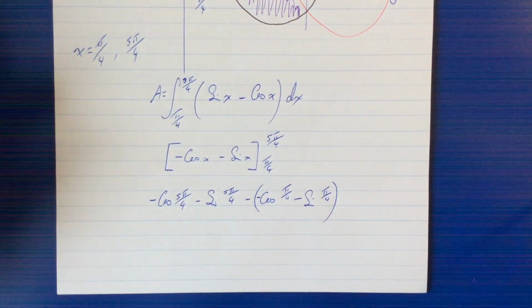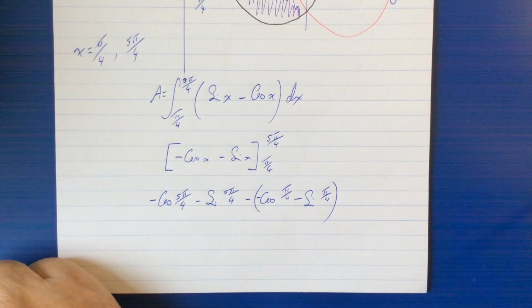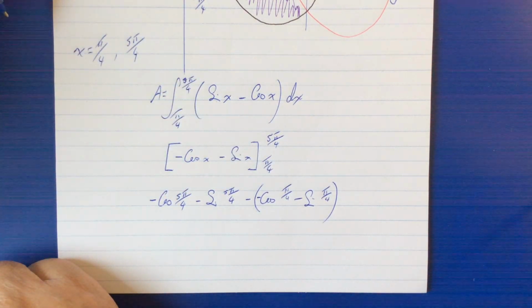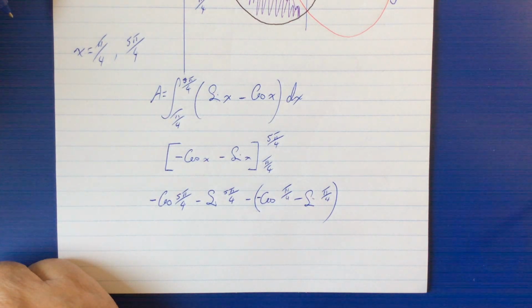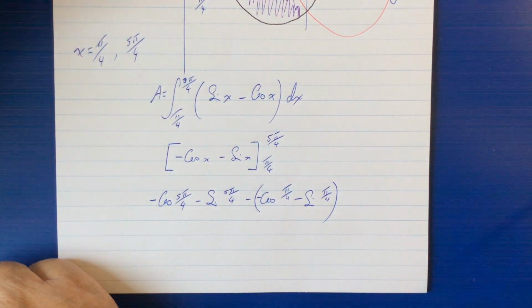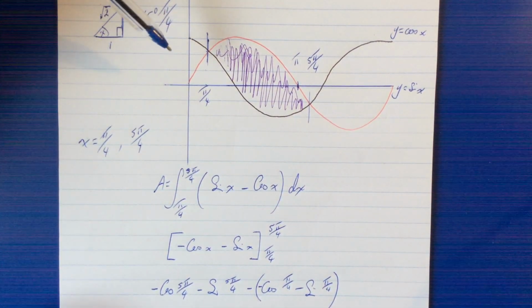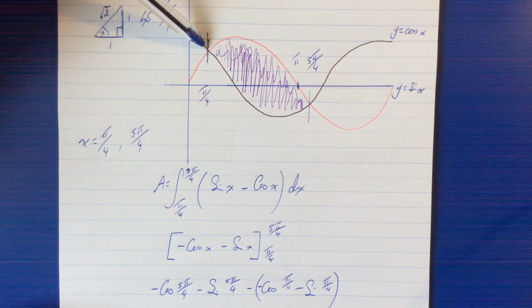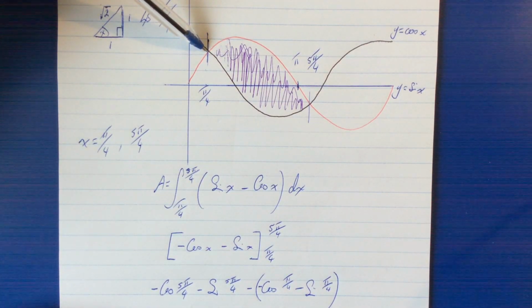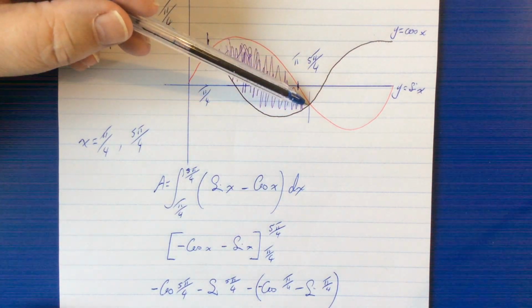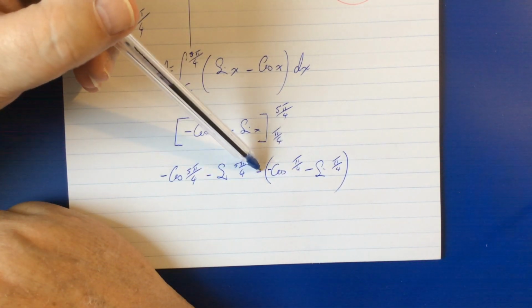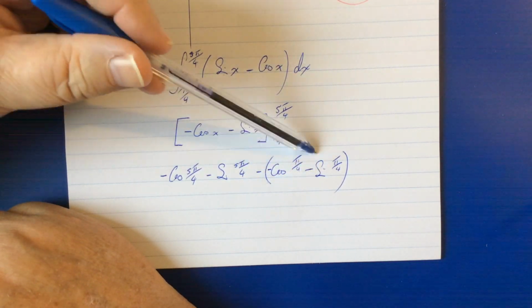Okay, well, what do we know about all of these values? Well, if we take a look at this graph, we can work off this graph. The values of the sine of pi on 4 and the cosine of pi on 4 are positive, and these values here will work out to be positive courtesy of the double negatives here.